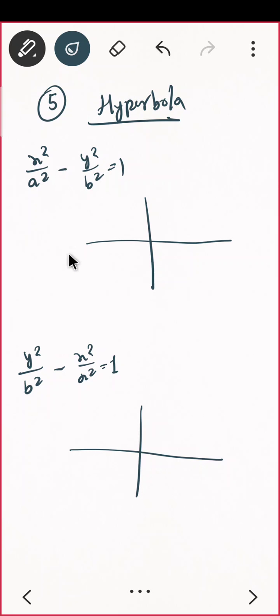Here, think about it a little bit. Suppose your x equal to 0, then what will you be having? Suppose your x is 0, then you will be having y square equal to minus b square. Is that possible? Y square is always positive, and b square is also positive. So can this be true? That is, one positive number is equal to the negative of another positive number.